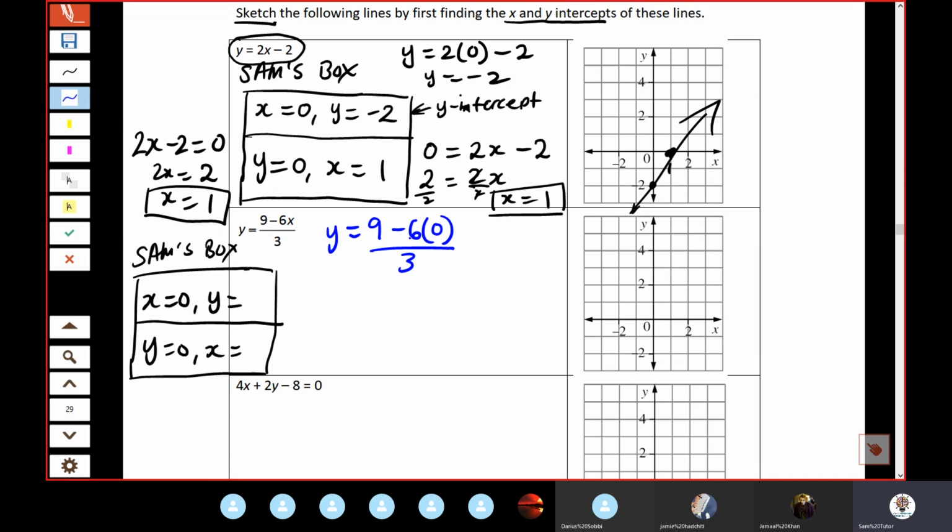So that's pretty much gone. 6 times 0 is gone. You can just ignore that. You just got 9 over 3, which is 3. So like I said, your y-intercept will usually be pretty easy for a lot of your questions. They won't be too complicated. It's this other one that's complicated.